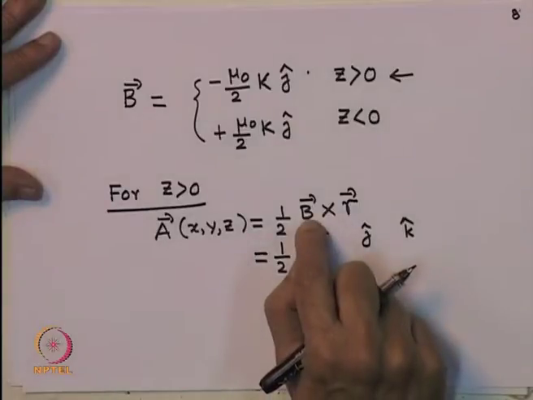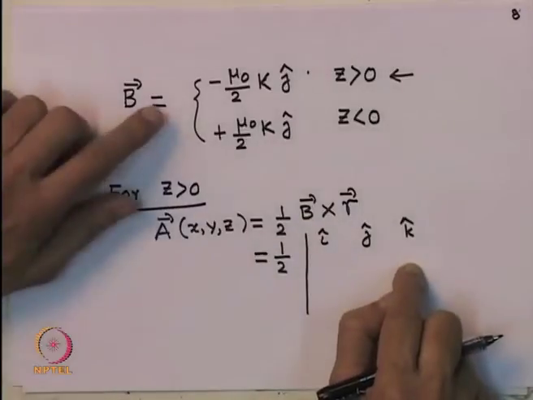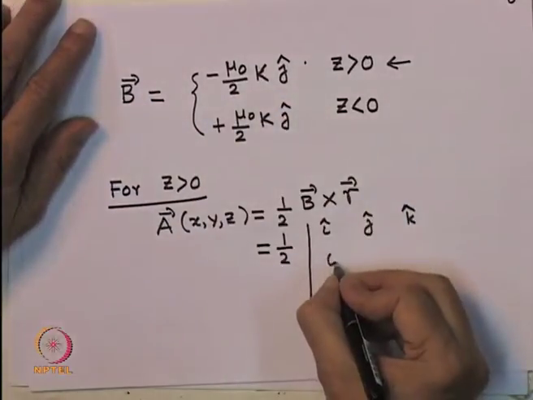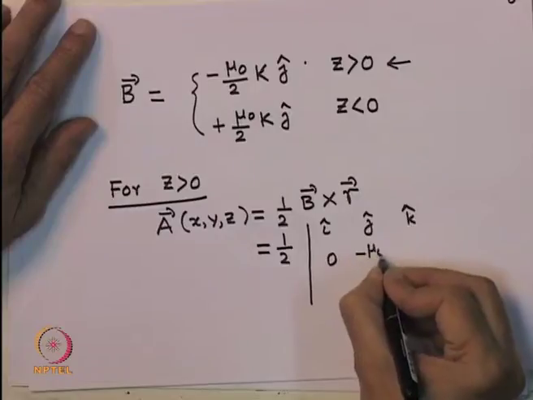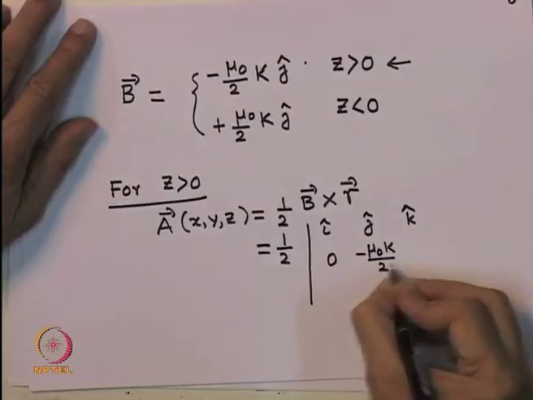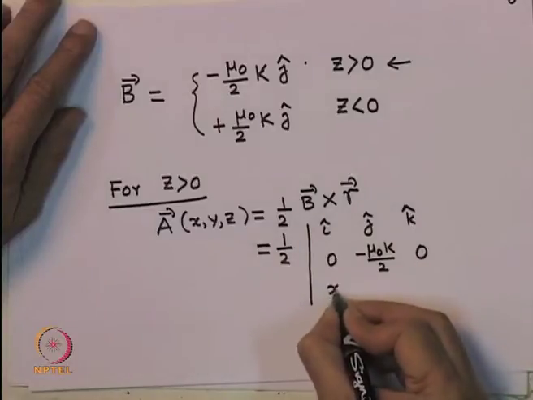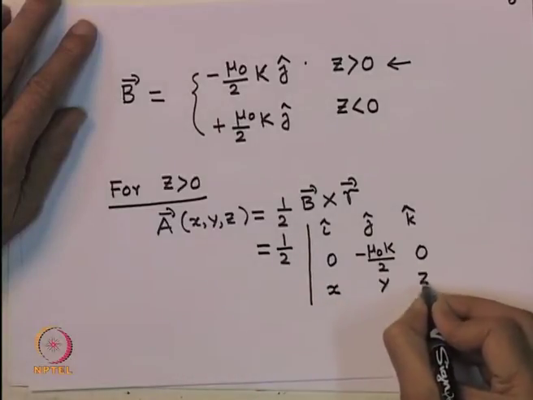I need components of B in the next row. Components of B is only along the y direction. So, it is 0, minus mu 0 K by 2, 0, and of course, components of R, which are x, y and z.